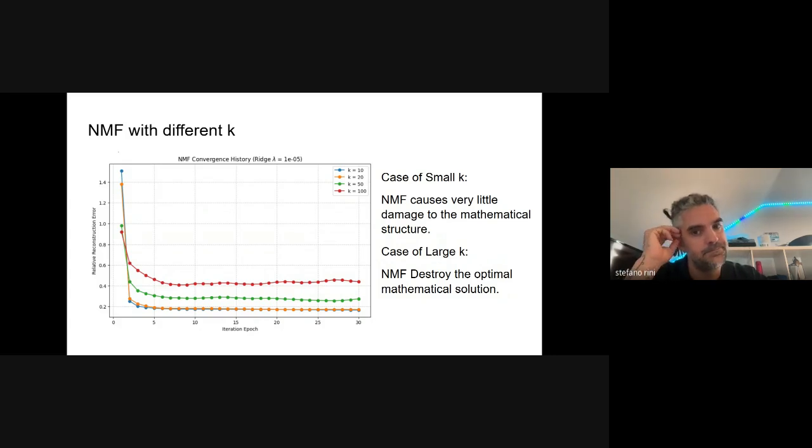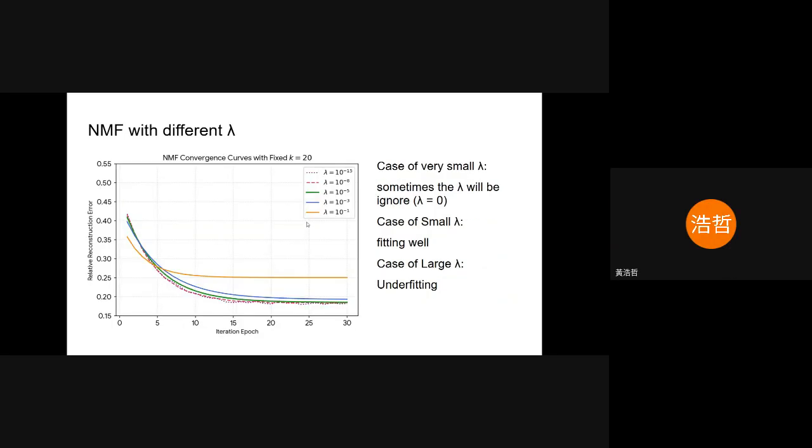It's nice. Okay, go ahead. Tell me something more. I try fitting K equal to 20 and try different lambda. When lambda is too large, it will affect the original value of the matrix, so it will cause a lot of error and the relative error will be higher.